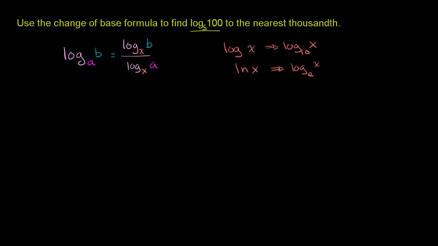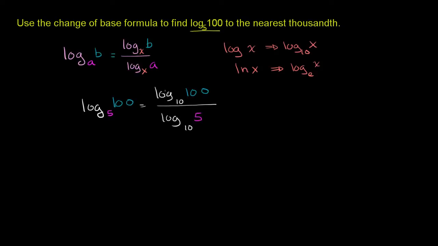Now let's apply it to this problem. We need to figure out the logarithm base 5 of 100. This change of base formula tells us that this is the exact same thing as, I'll make x 10, log base 10 of 100 divided by log base 10 of 5.